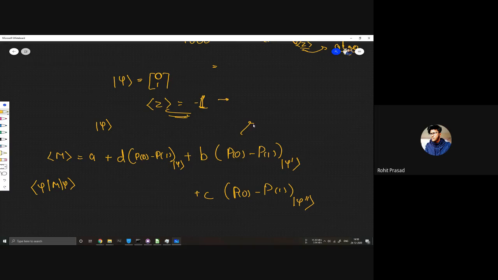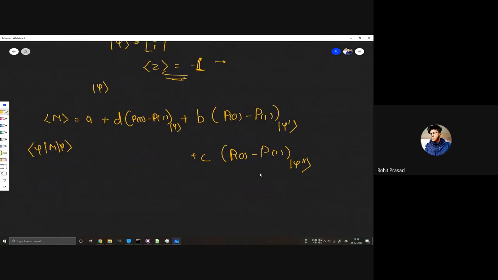As this one was equal to psi dash z psi dash, and if psi z psi is equal to this, then psi dash z psi will be equal to this. We can similarly say this. Okay, so we got this.